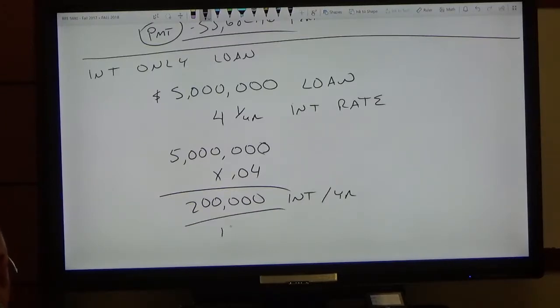But we need to divide that by 12. So your initial monthly payment would be $16,666.67. Okay, make sense? Okay, moving forward. Any questions?